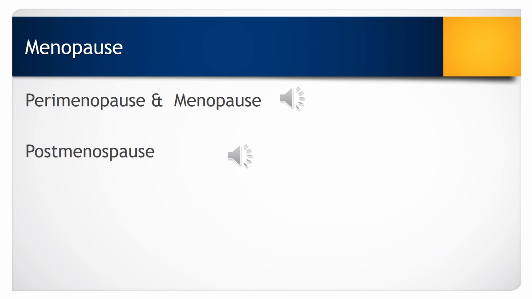The decrease in estrogen production that causes menopause, or a woman to be postmenopausal, increases a woman's risk for osteoporosis and heart disease, because estrogen has a heart protective quality to it.